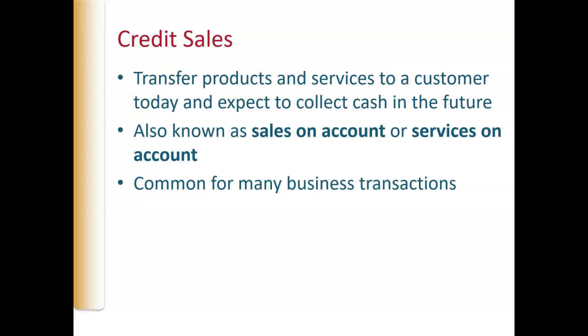Credit sales are when we've provided a product or a service to a customer and we expect to collect cash in the very near future. We can also call this sales on account or services on account.